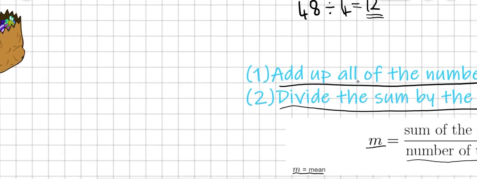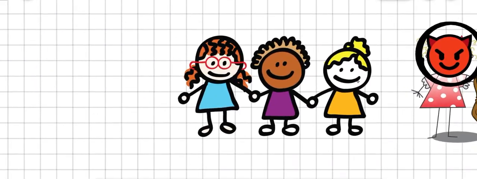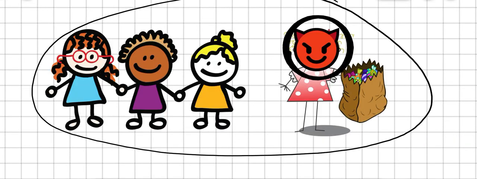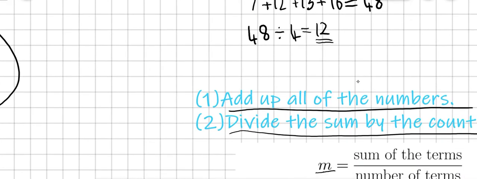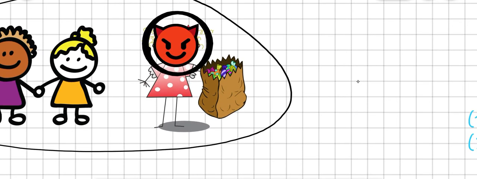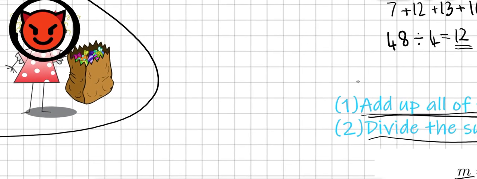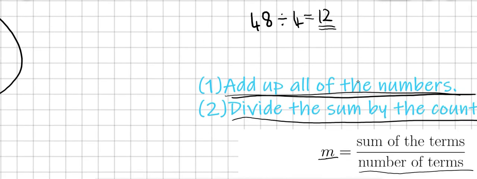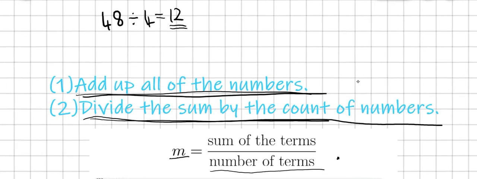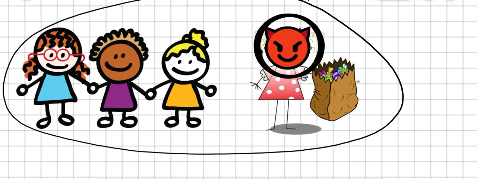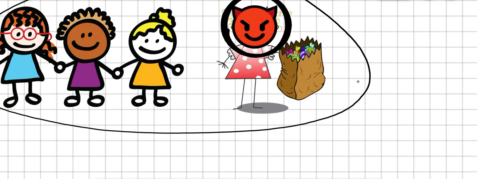So, how does this even relate to mean? First, I said all of these are friends, so we have to add all of the numbers. And then this mean one, this is how you know it's related to mean, isn't sharing the lollies. Another word for sharing is dividing. So then, you have to divide the sum by the count of numbers. So that's a little story to help you remember if you're not good with formulas or not good with remembering.